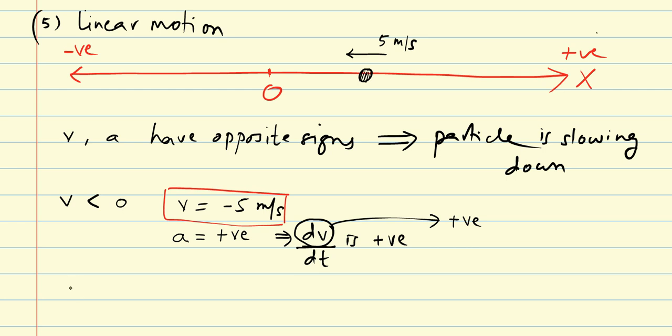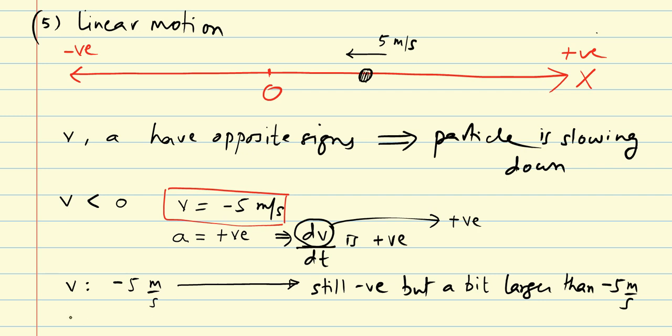In the time interval dt, the velocity was initially minus 5 meters per second, and after this time interval the velocity changed by dV, which is a small positive number, which of course means that the velocity is still negative. The change is small, so the velocity is still going to be negative, but it's going to be a bit larger than minus 5 meters per second.